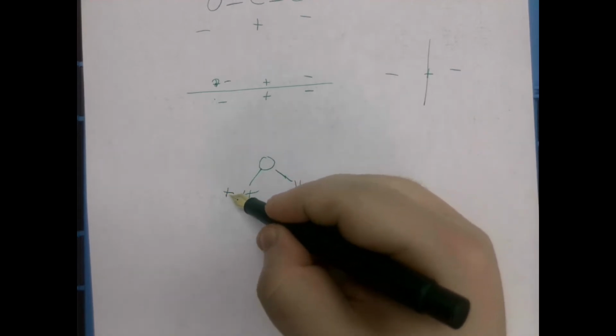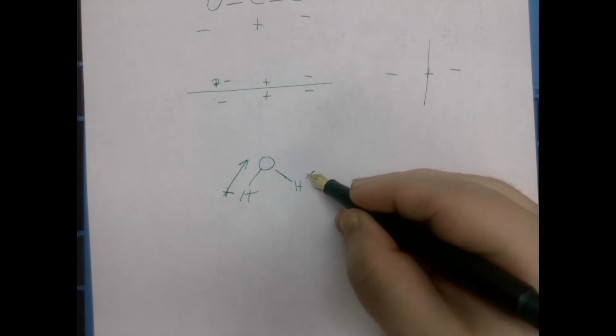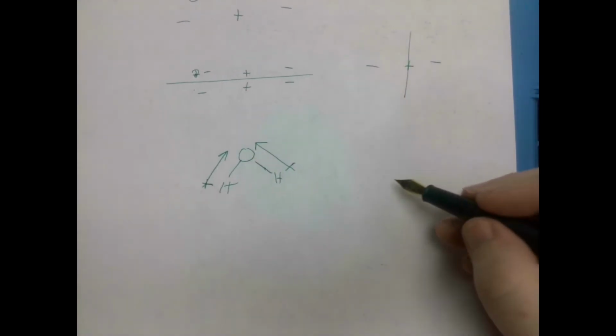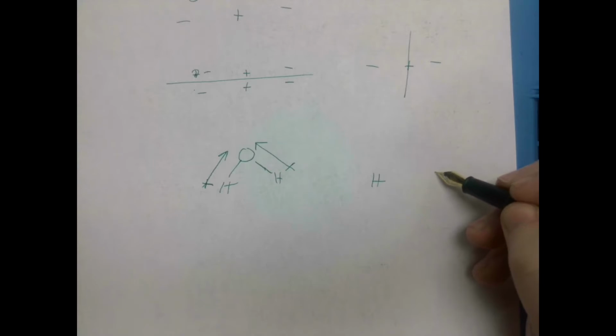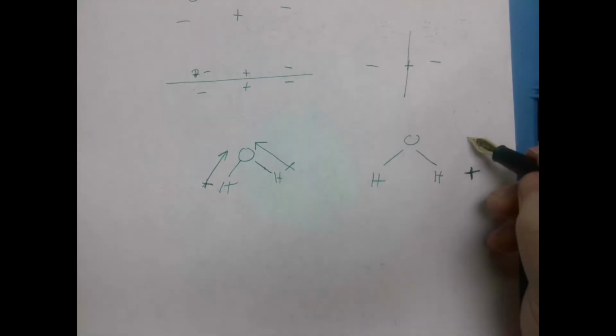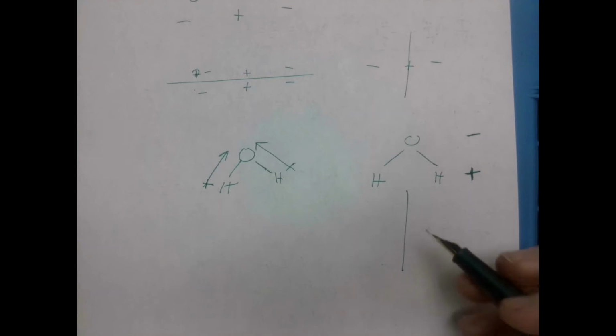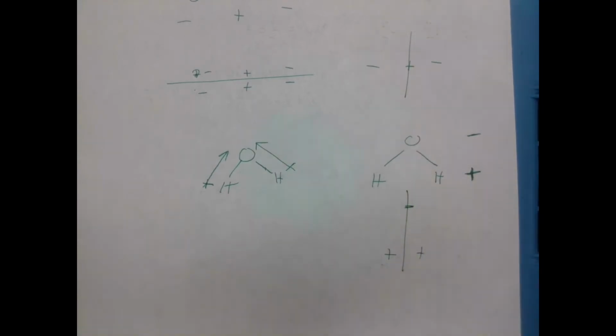the hydrogen is more positive, and the oxygen side is more negative. If I cut it like this in half, I have positive and negative here. Makes no difference. It's symmetric on both sides.